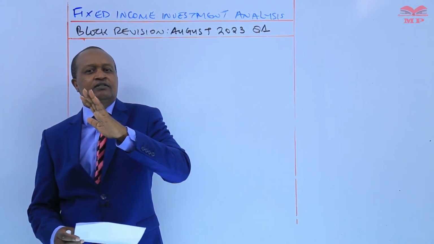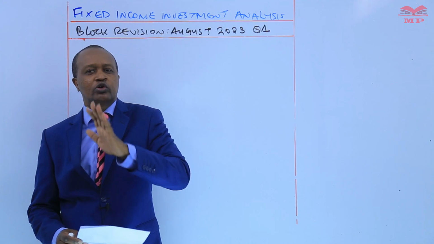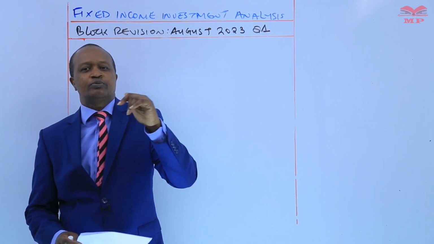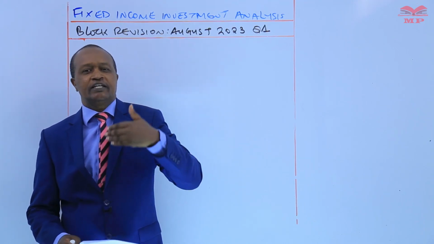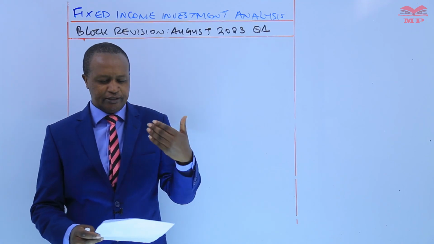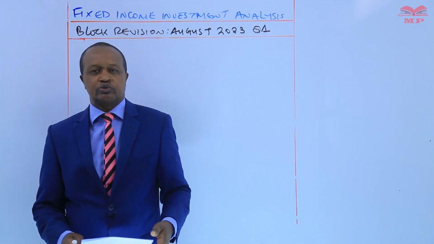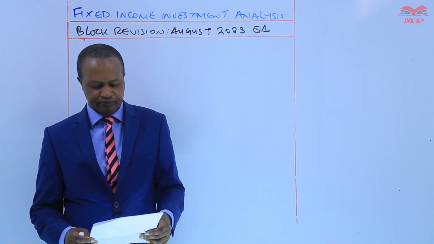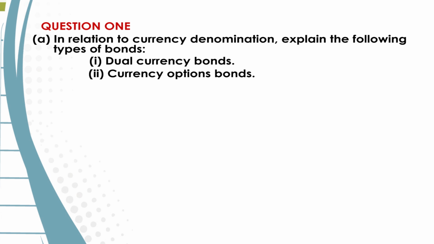And the bondholder can choose whether or not to exercise the currency option based on prevailing exchange rates and market conditions. So those are the types of bonds in relation to currency denomination, the dual currency bond and the currency options bond.